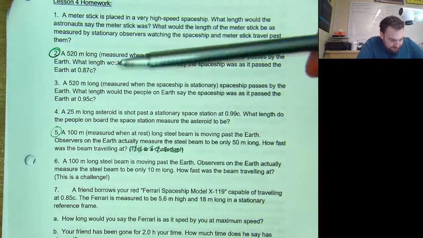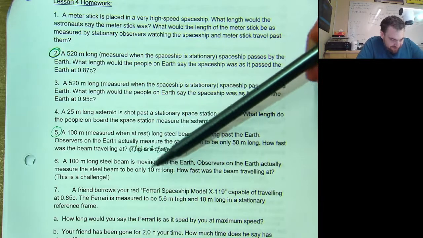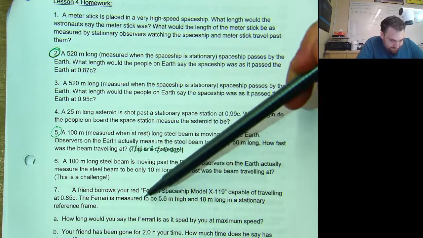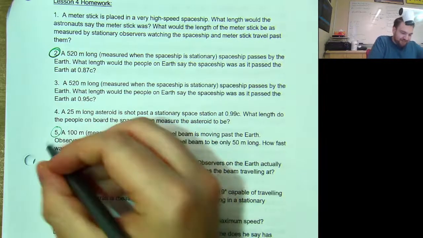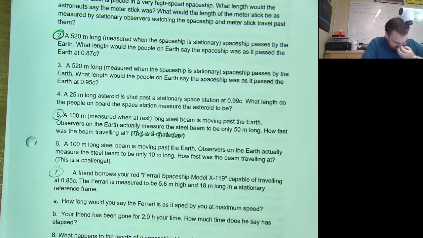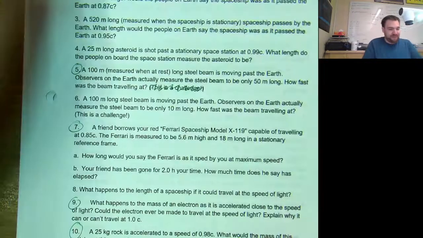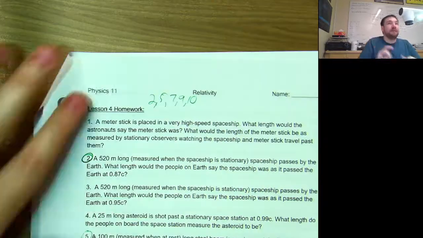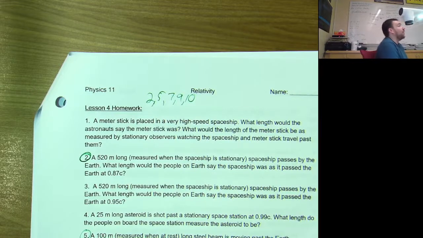Ferrari spaceship model X. A friend borrows his spaceship. Oh, that's not that one. 7's a gooder. Yeah, let's do 7. I want you to do number 9 and number 10. Okay, so 2, 5, 7, 9, and 10. And the rest of the class, ladies and gentlemen, is yours to work on whatever you want.